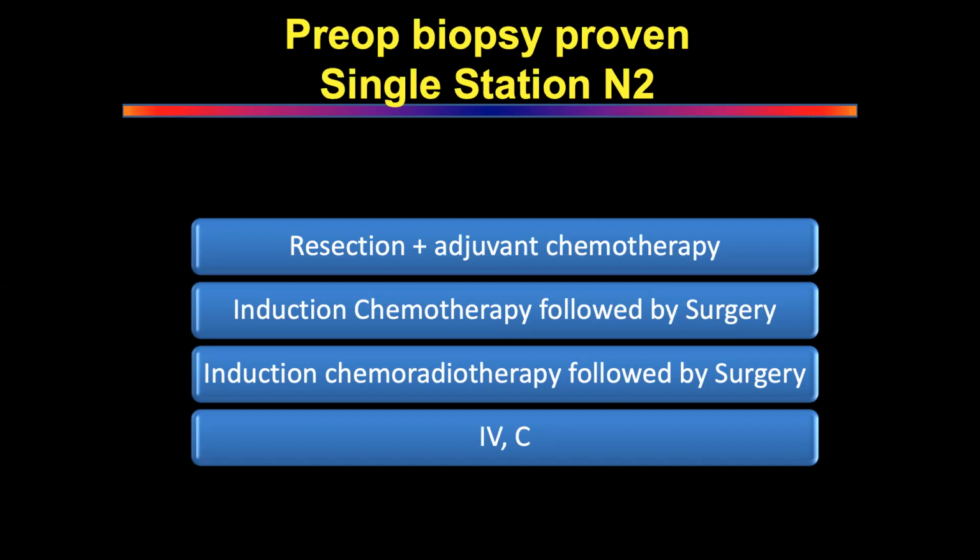If the histopathology says poorly differentiated tumor and there is a single station N2 disease, you're more likely to do induction chemotherapy followed by surgery. If the FNAC says highly differentiated adenocarcinoma and a single station N2, then you are more likely to offer surgery first followed by adjuvant chemotherapy.